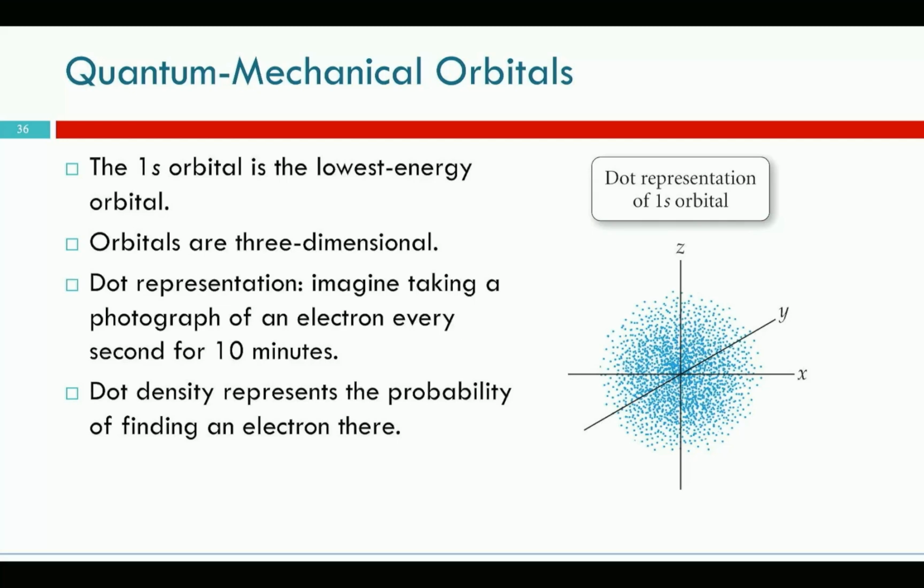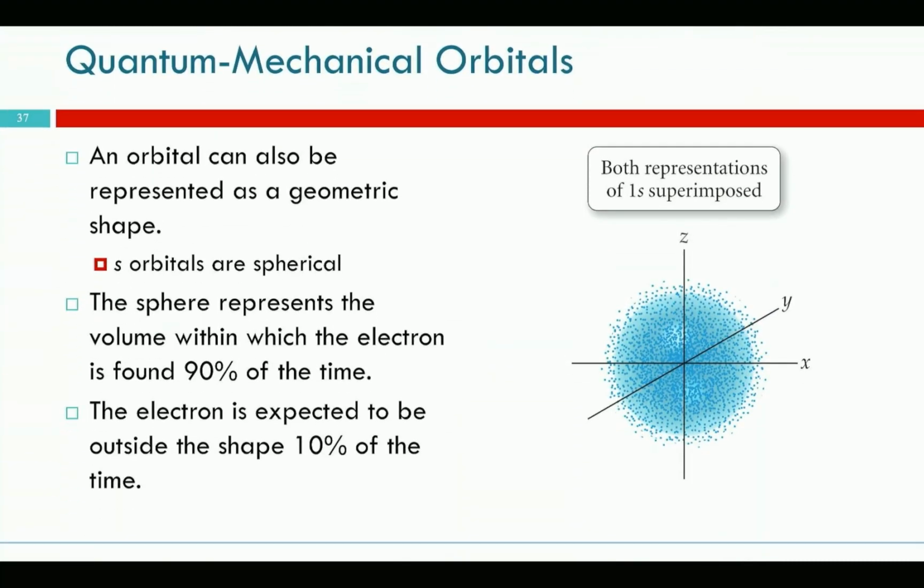You can see basically outside of this line, about 0% chance. It's not 0, but there's almost a 0% chance that it's outside of that sort of region. And so usually you'll see this as this sphere, actually even without these dots on it. So basically, 95% of the time, it's inside of this sphere somewhere. And that's the s orbital.